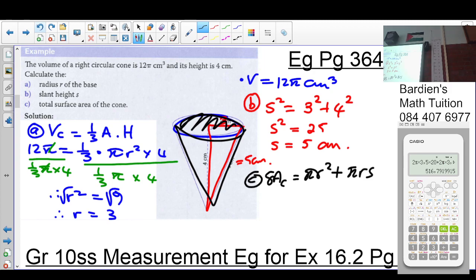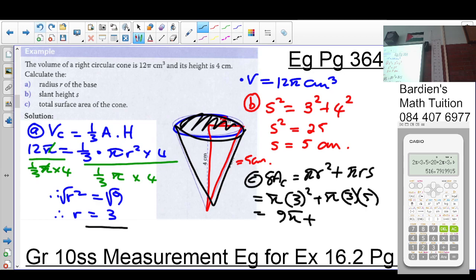Okay. So pi times what's the radius? 3 squared plus pi, what's the radius? 3 times the slanted height, which is 5. So it's going to be 9 pi plus 15 pi. What's 9 plus 15? 24 pi.